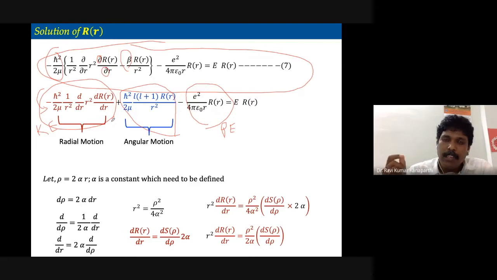When it is moving very close to the hydrogen nucleus, apart from the radial motion, it will also try to move angularly, right? It is also exhibiting the angular motion. Suppose it is very far from the nucleus, and let's say it has the angular momentum of mvr, some number, you just imagine some number.